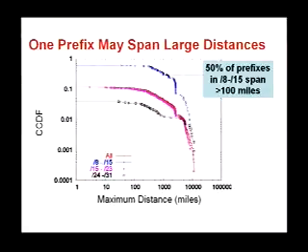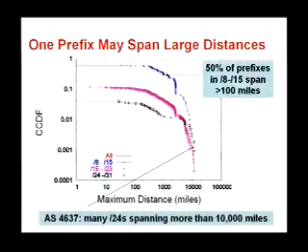For example, from the blue line, 50% of the prefixes in that blue class, the /8 to /15 bin, span more than 100 miles between locations. You can do the same exercise for the other plots. For example, about 10% of the prefixes in the /15 to /23 range spanned more than about 100 miles. Great.